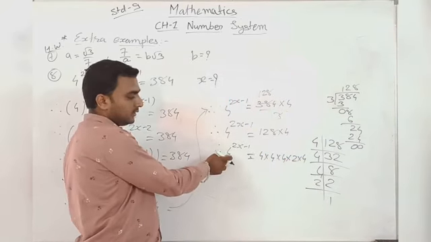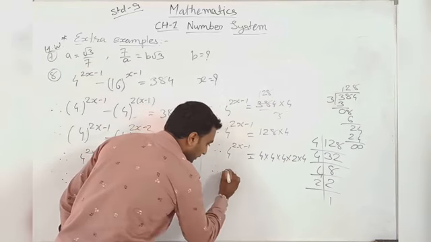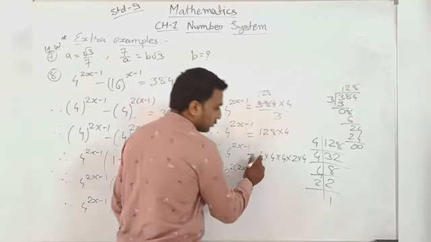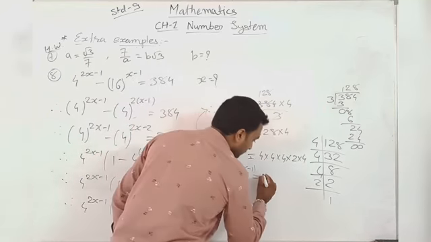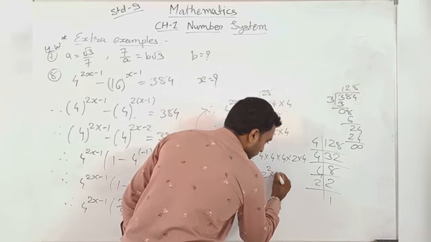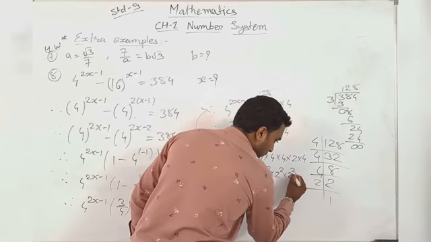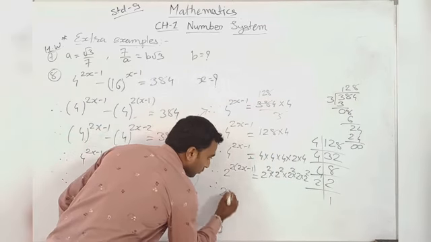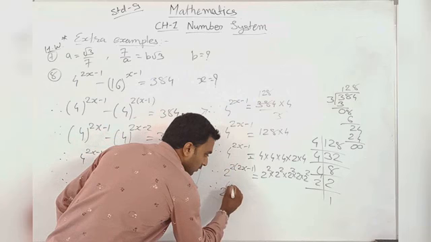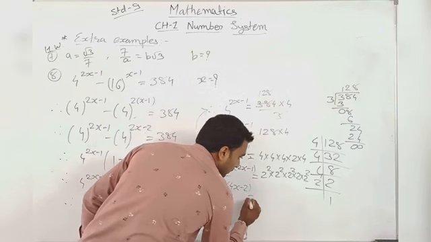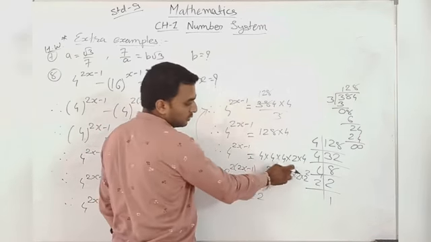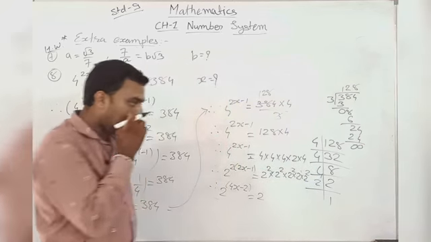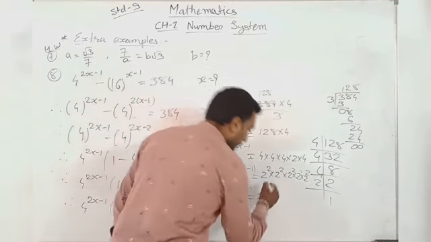Therefore we know that here is the 4 raised to 2x minus 1. So we can write 2 raised to 2, 2x minus 1, and here this is 2 raised to 2 power, 2 raised to 2, 2 raised to 2. Clear? Then therefore 2 raised to 4x minus 2 is equal to 2 raised to 2 plus 2 plus 2 plus 1 plus 2, that is total 4, 8, 9.